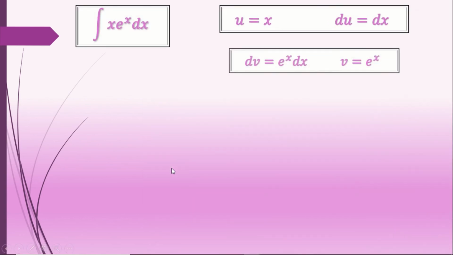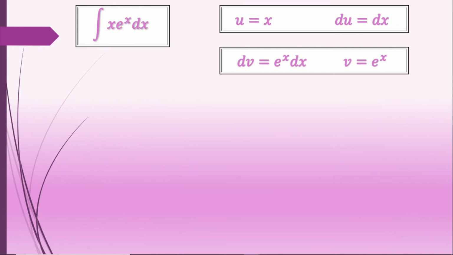Now let's start with the integral of x e^x dx. Note something, if we start with integration by parts, let's take u equal x, then du will be equal to dx. Now if we take dv equals e^x dx, can't we say that v is e^x? Now what's the integral here?